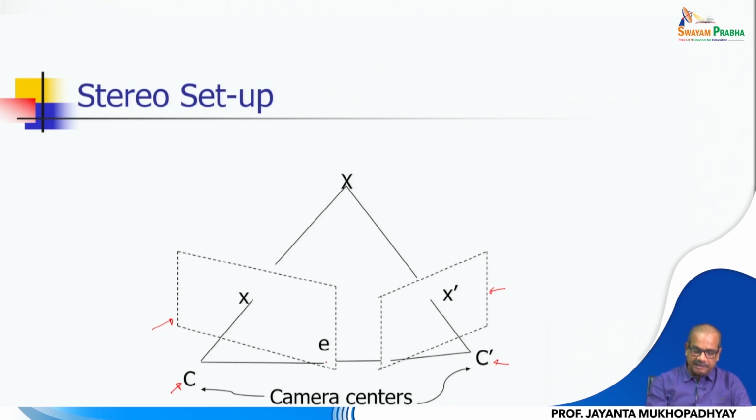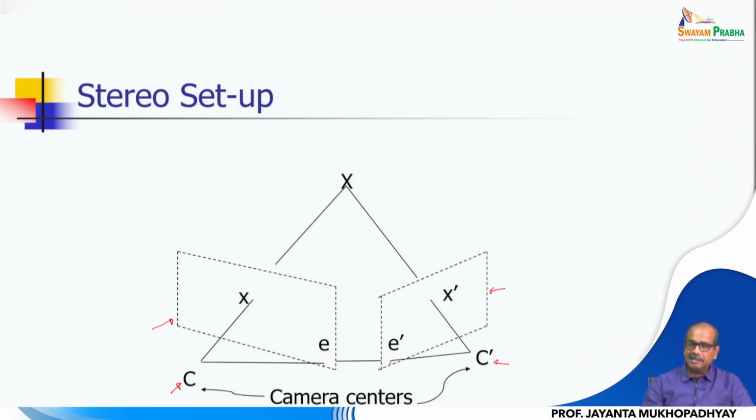So, what I was discussing is that this baseline intersects the image plane at this point, say the left image plane, and we denote this point as E, and similarly it intersects the right image plane, and we denote this point as E prime. Now they are called epipoles. These 2 points have special geometric significance in the stereo setup, so we will discuss that.